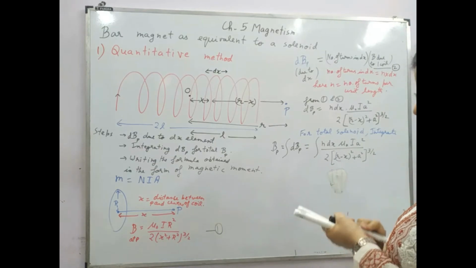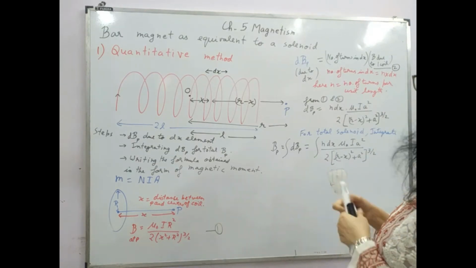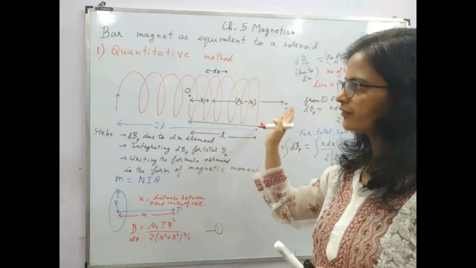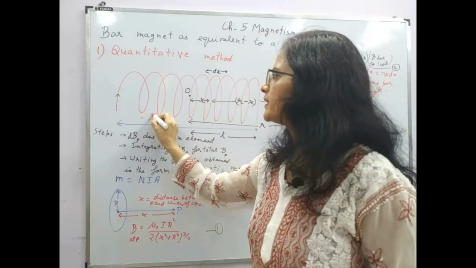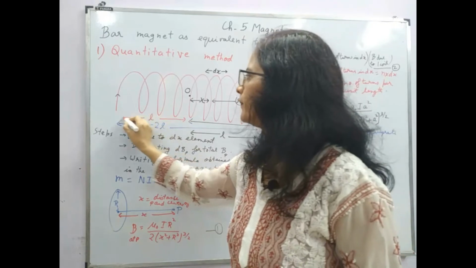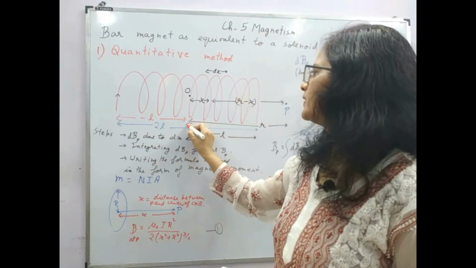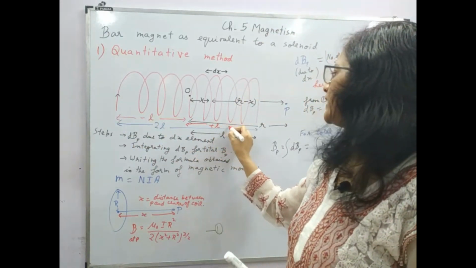I'll have to apply the limits here, and those limits will be for total length of the solenoid. So if we consider with respect to this, this will be minus l and this will be plus l.